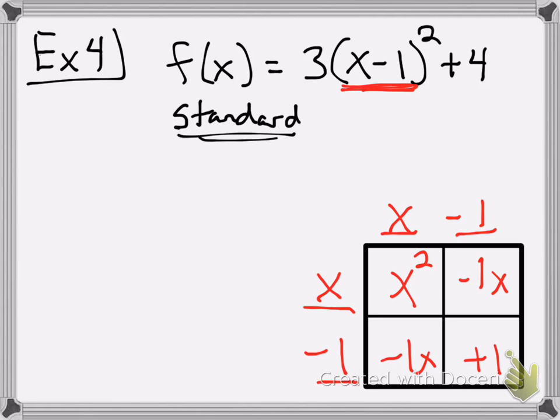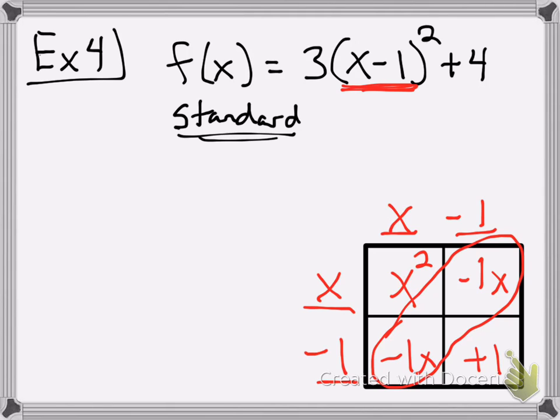Okay, fill in that Punnett square. It's like you're filling in a multiplication table. Always combine the diagonal terms here. Okay, not the first and the last term, but the middle terms. So negative 1x. These should be the same if it's in vertex form. The negative 1x, negative 1x.